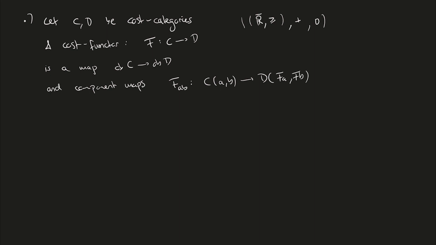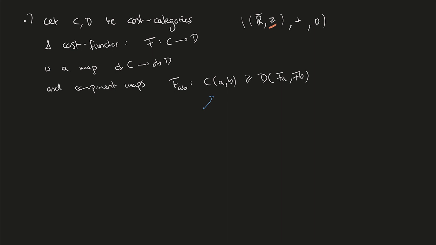Similar to the previous case of the Bool categories, we're working with a preorder for our base of enrichment. So in fact, such a map is just a relation in the preorder, which in our case happens to be greater than or equal to. Now we recall that we interpreted the Hom object in a cost category as a distance function.